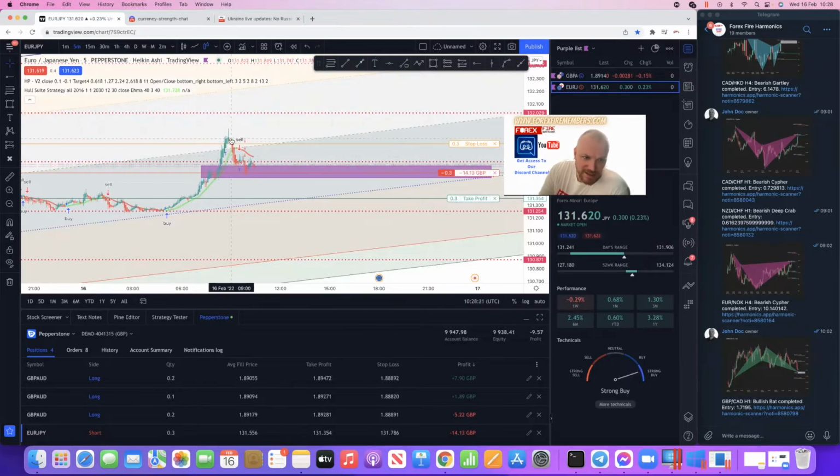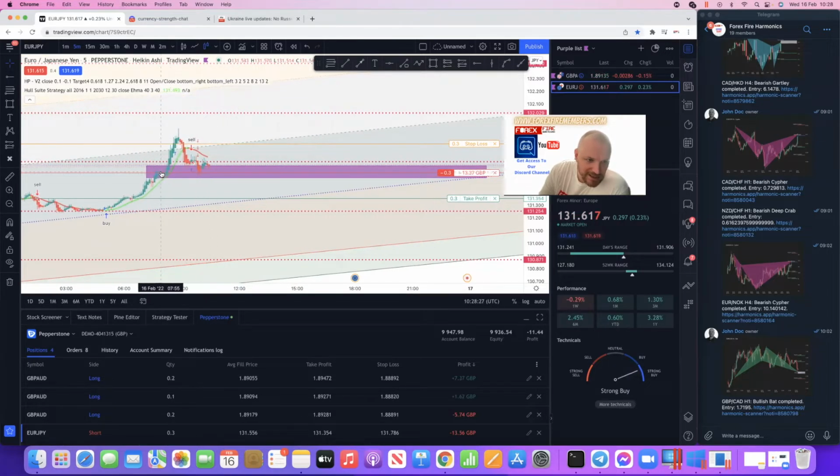I think we missed the initial drive, to be honest, and then it started to fall back down. It's coming back down to retest this area that I marked out, and it's bounced off that. So what I'm hoping for now is that it's going to break through this, bounce off here, and then come down to this level.